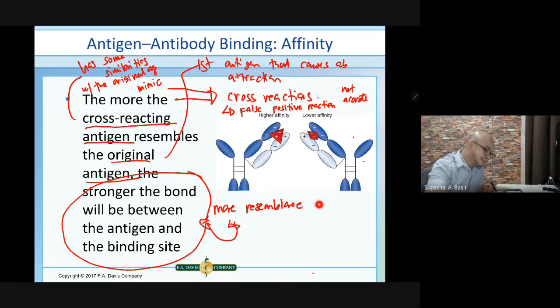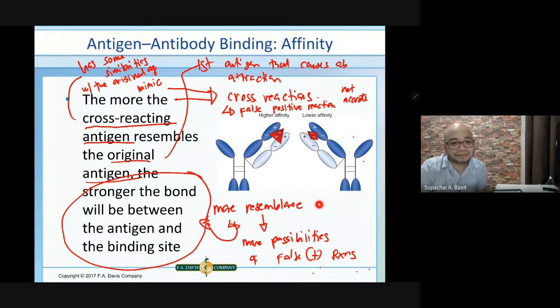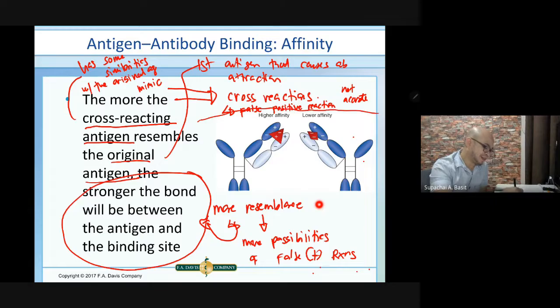So more resemblance means more possibilities of false positive reactions. Okay, so that's what we meant by more resemblance, because of the similarity.